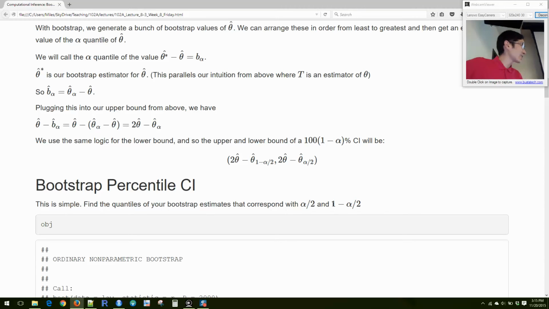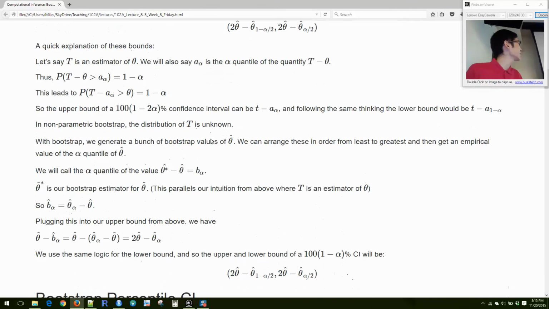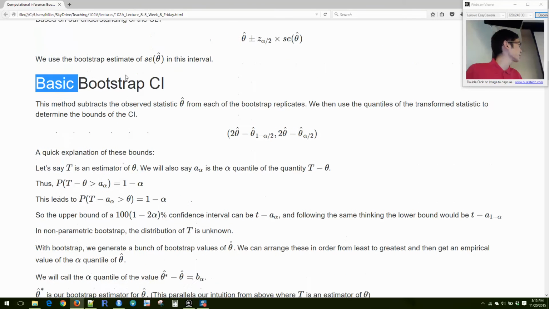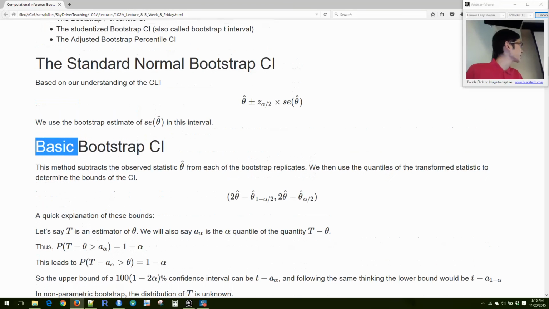I guess these different confidence intervals have evolved and they exist, and the selection of which one to use is harder to explain. I'm trying to think what exactly the basic bootstrap confidence interval tells us that the other doesn't.